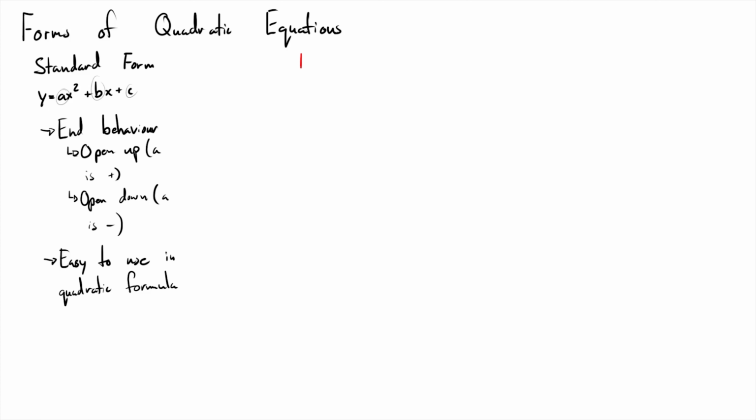Okay, what about factored form? Okay, so let's move on. Factored form. The factored form of a quadratic equation is going to look like y equals a multiplied by x minus s1 times x minus s2. Now this might look confusing because there's an s1 and an s2 here, but just stick with me.